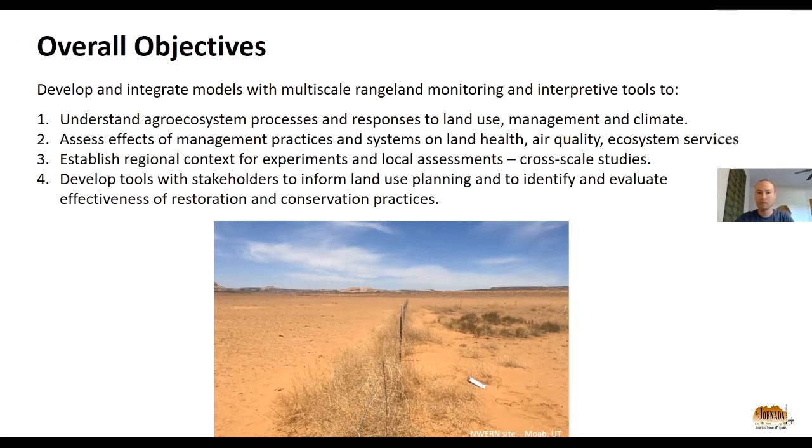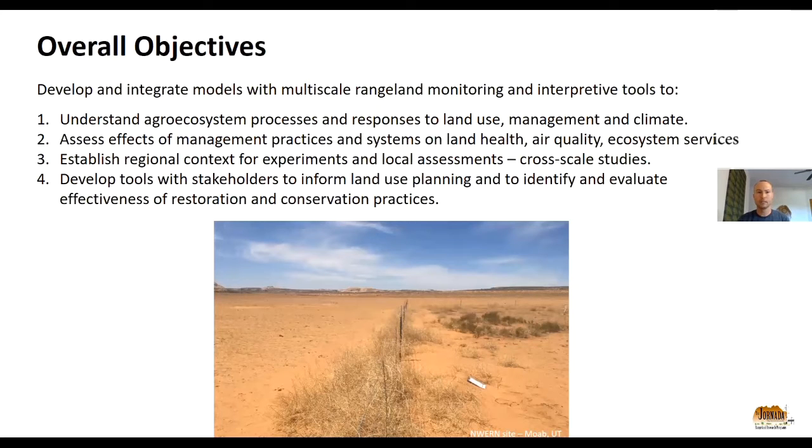So our first objective is to understand more about ecosystem processes and responses to land use, management, and climate using standard monitoring data sets coupled with remote sensing and other kinds of models. We want to be able to assess effects of different management practices and management systems on different ecosystem attributes and services, looking at land health generally, as well as air quality and that kind of thing.